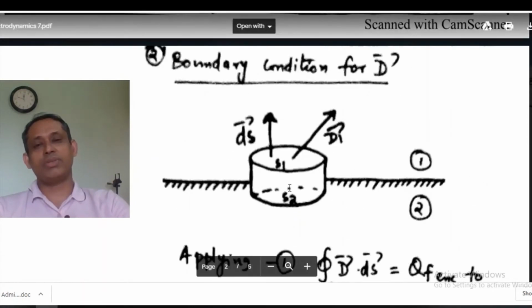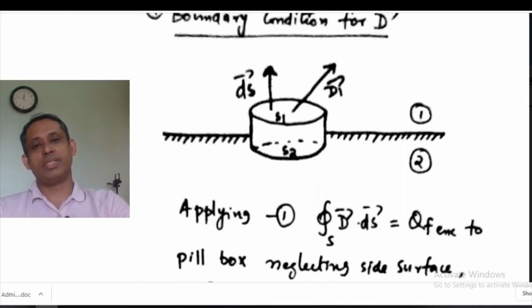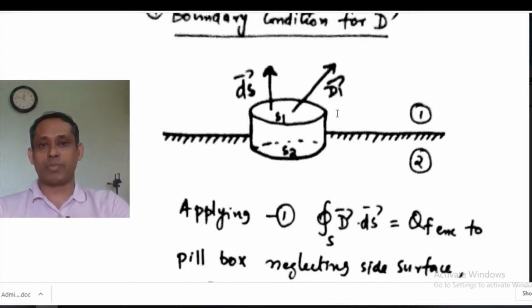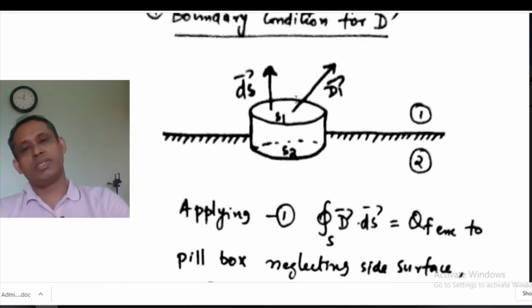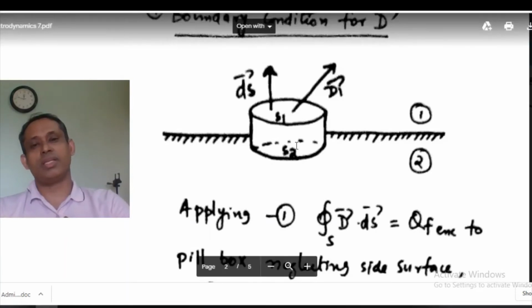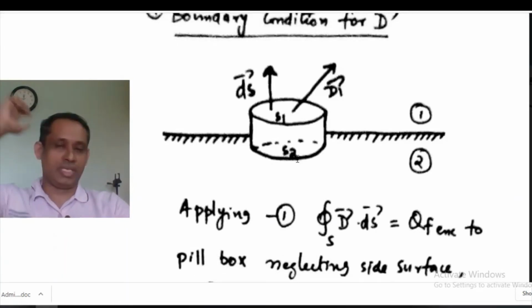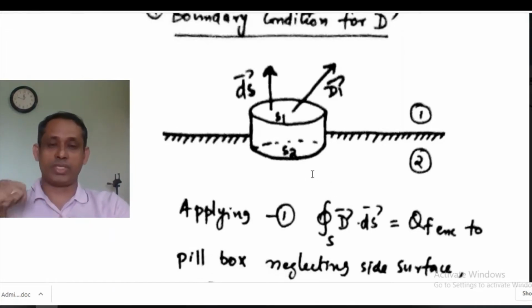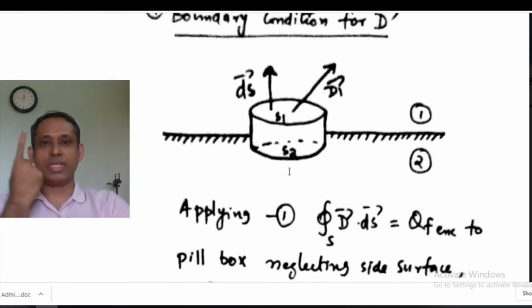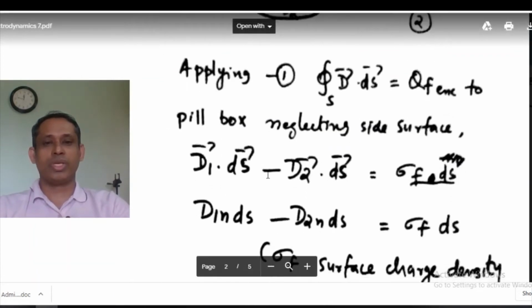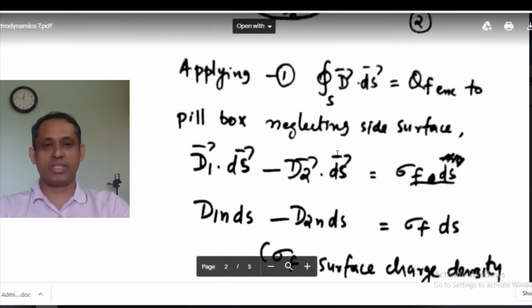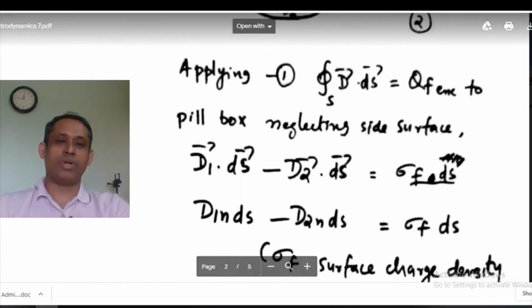Here we have a negative sign, because dS for the upper surface is pointing upwards, and for the second surface dS is pointing downwards, but we are taking the direction of dS as upward. So here we have the negative sign.